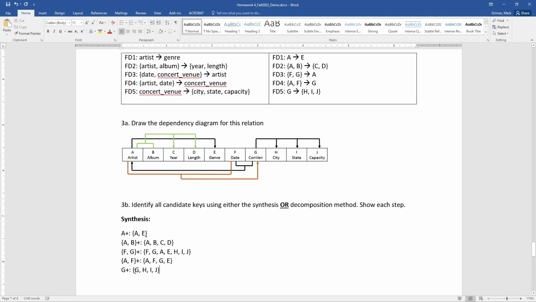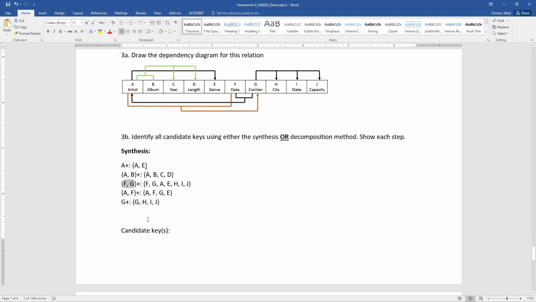So it looks like our most productive closure is of FG, and we get the attributes A. We don't have B, C, or D. We do have E, F, G, H, I, J. So we need to get B, C, and D, which can all be functionally determined by AB. Well, and we already know A, so really we just need to add B to F and G. So let's see how that works.